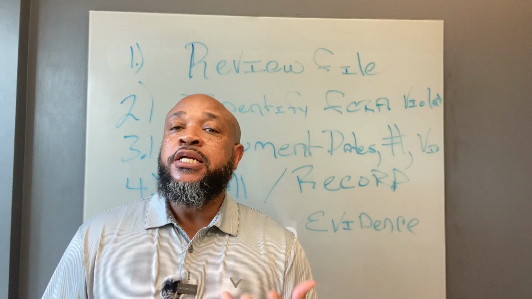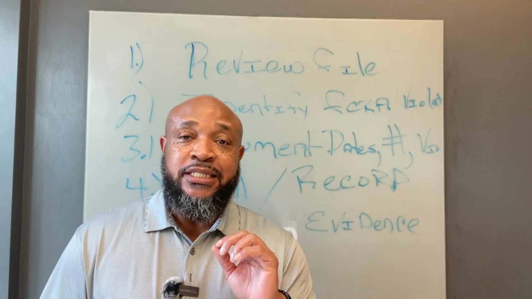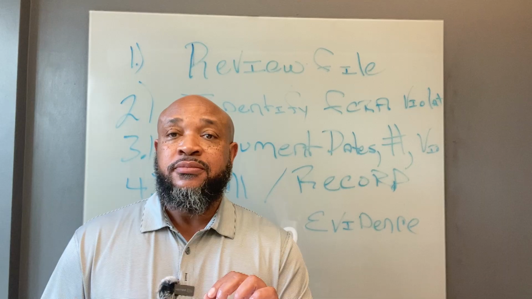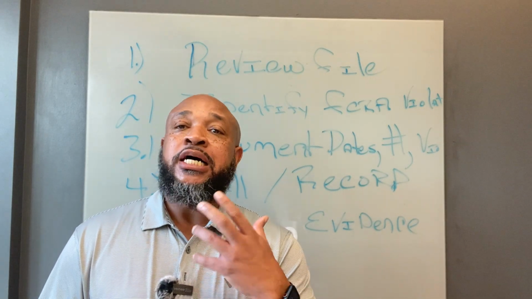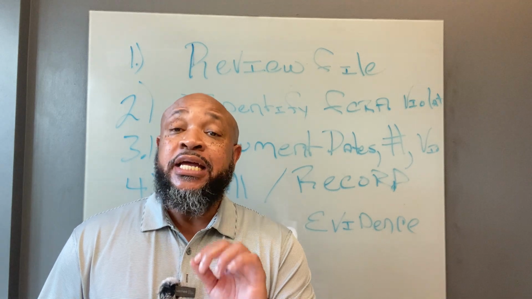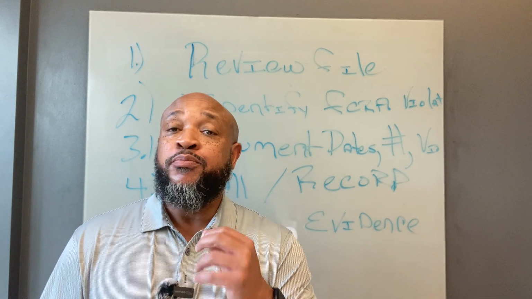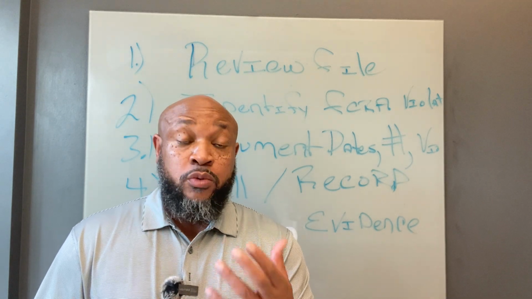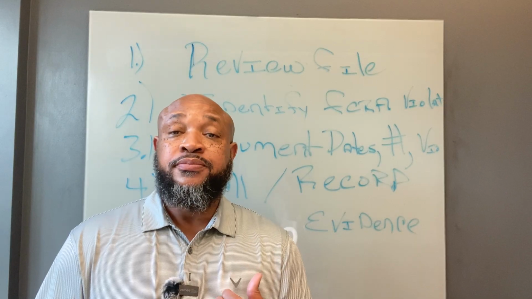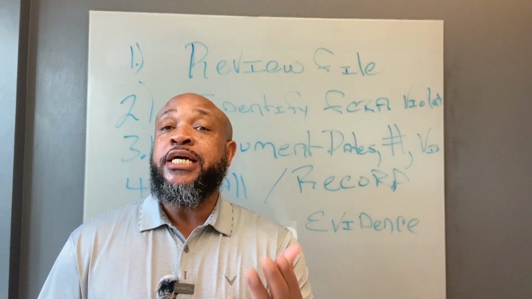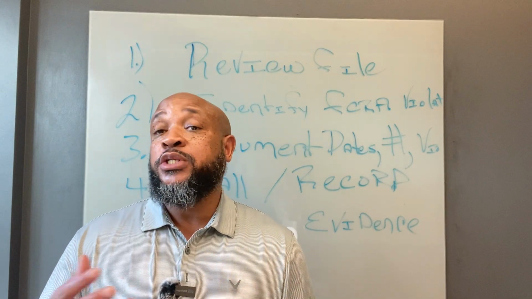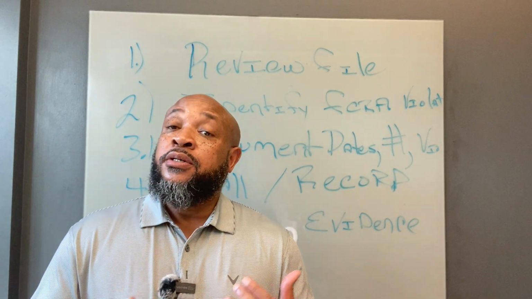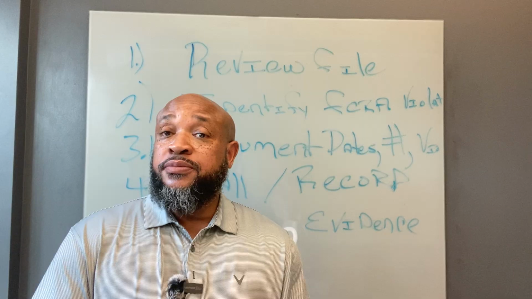Now, another violation that is more common: credit bureaus will respond account verified even though you requested method of verification, which requires the credit bureau to tell you who they contacted at the data furnisher, the original creditor or the debt collector. Who did they speak to?